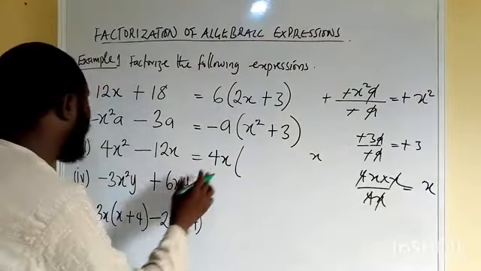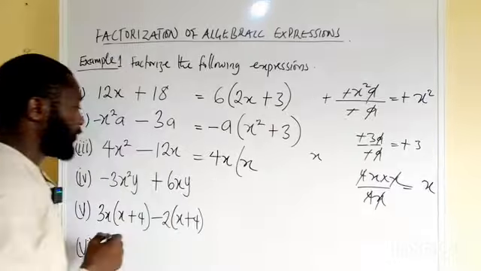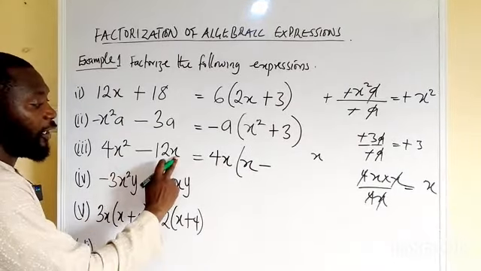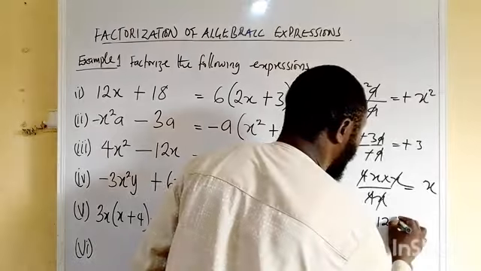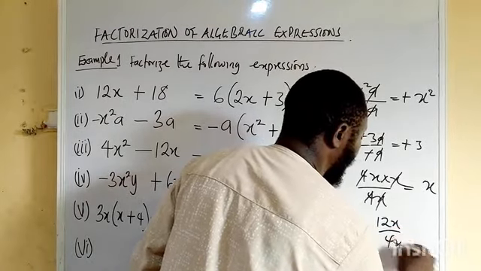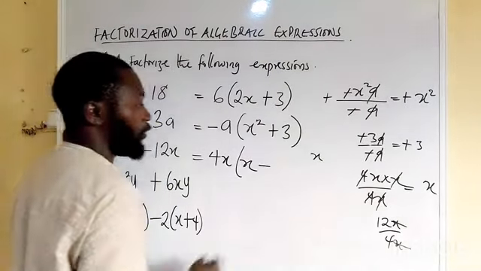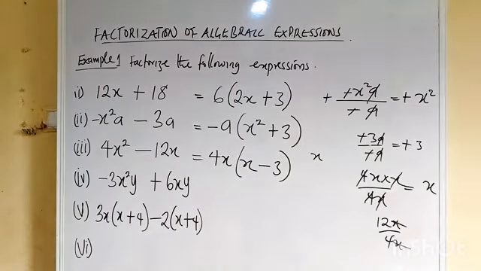By the time you divide 4x squared by 4x, you get x. Minus, divide 12x by 4x. x cancels x. How many 4 goes in 12? That is 3. So you have 3. And that is just the end of this too.